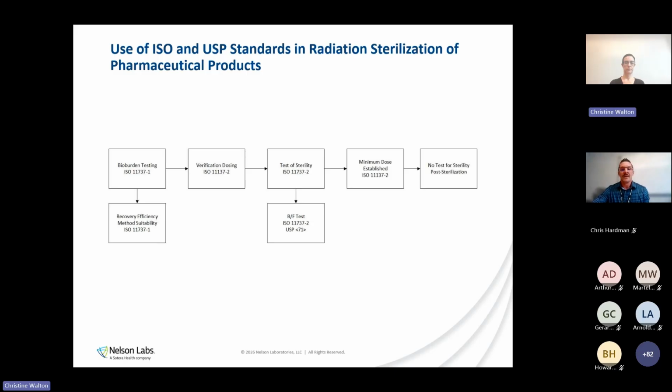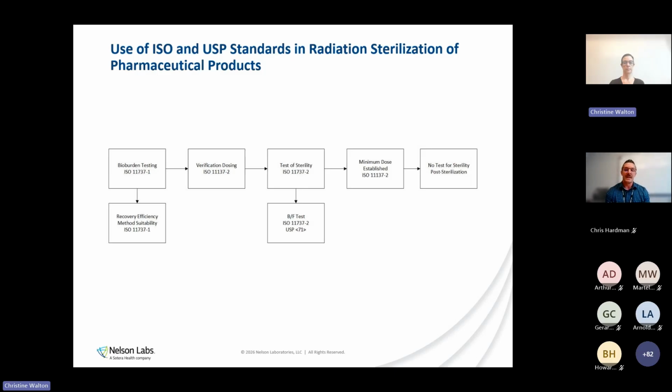I wanted to talk at a high level about radiation sterilization validation. Dose audit testing that's required thereafter follows a very similar testing path. We begin the process by performing bioburden testing to get a number of microorganisms present on those products. That follows ISO 11737-1.